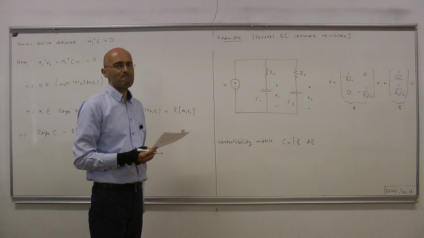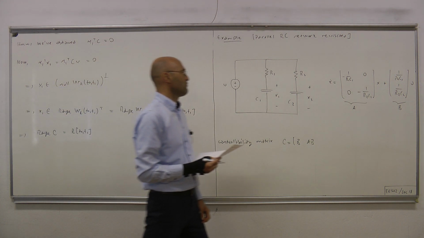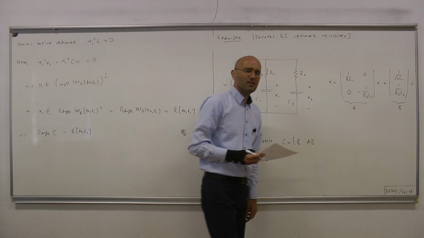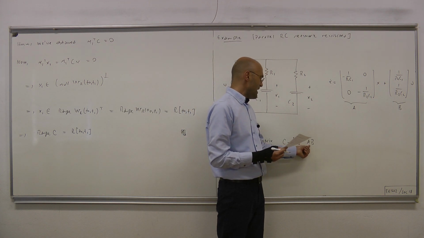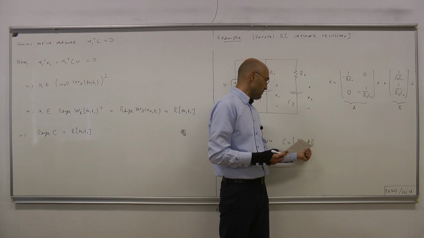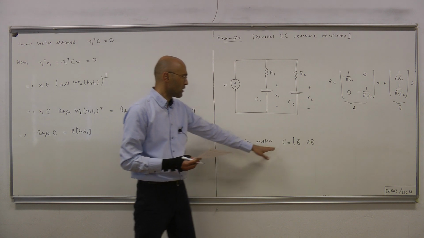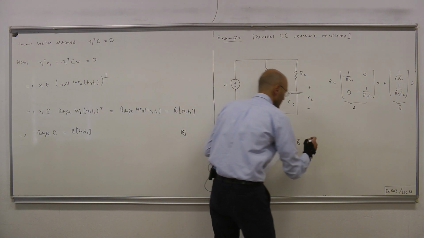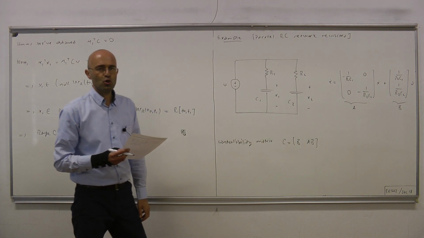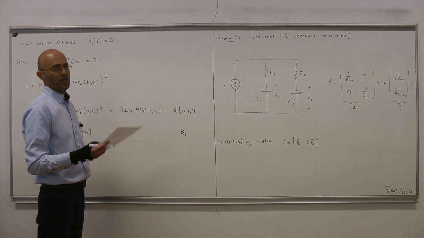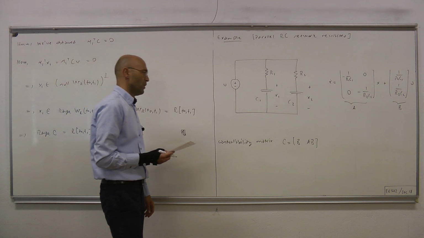You stop at the n minus first power. Now for our system, n is 2. The order of the system is 2. Therefore, where you stop is A to the 2 minus 1, which is 1. So you stop at the first power of A. So this is our controllability matrix, B and AB. Now, since we have a scalar input, this is a square controllability matrix. In general, it doesn't have to be a square matrix.